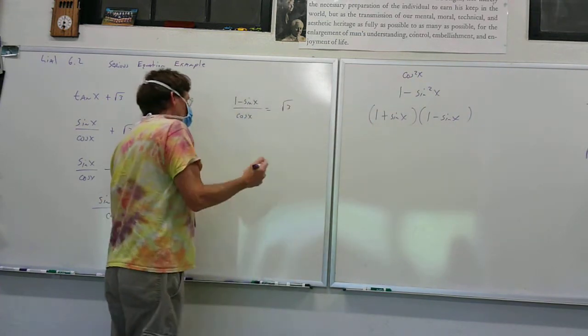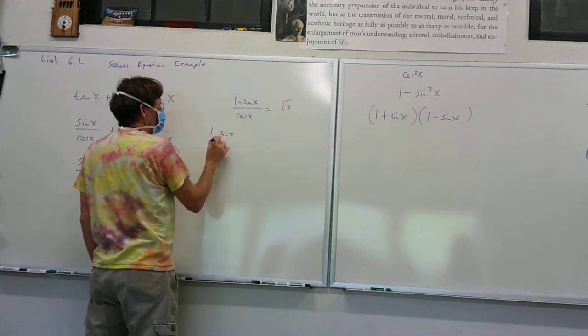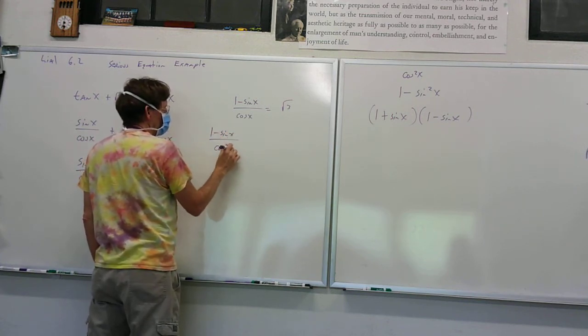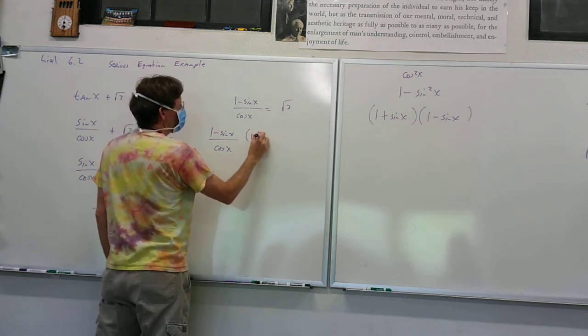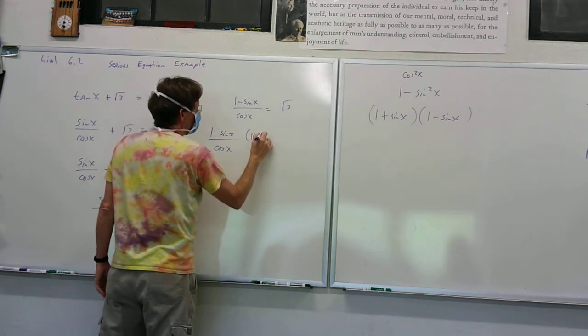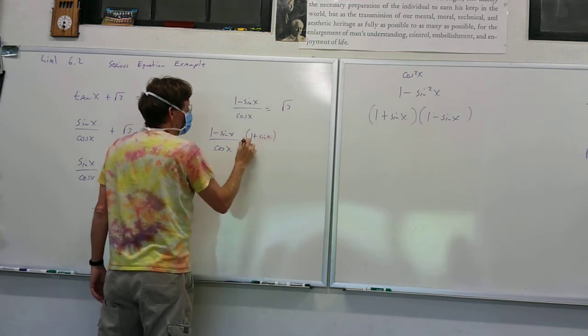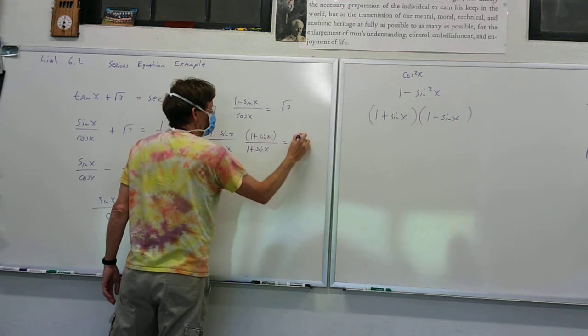Well, I'm going to do that. 1 minus sine x over cosine x, and I'm going to multiply this side by 1 plus sine x. I'm trying to think ahead here. And 1 plus sine x equals square root of 3.